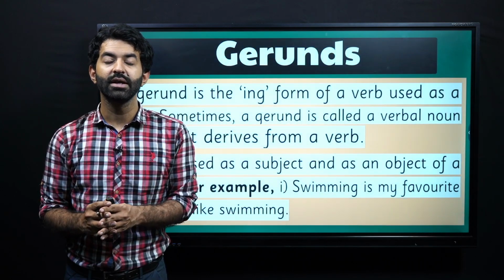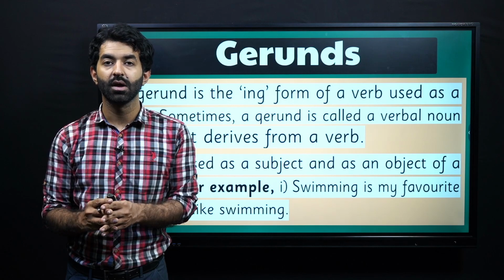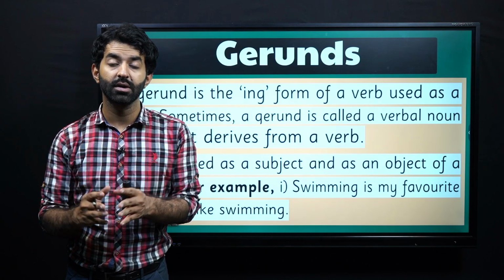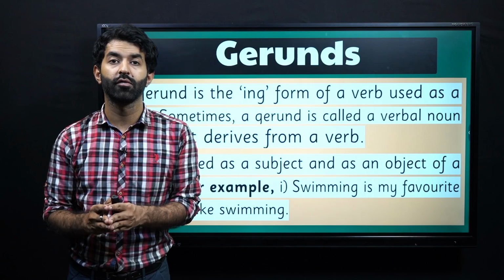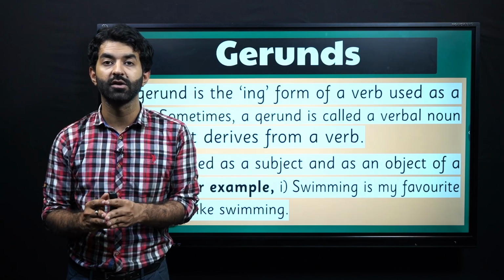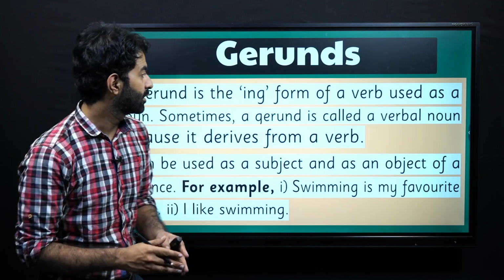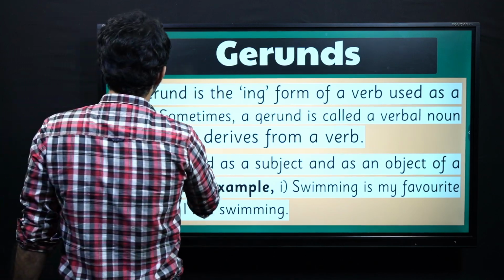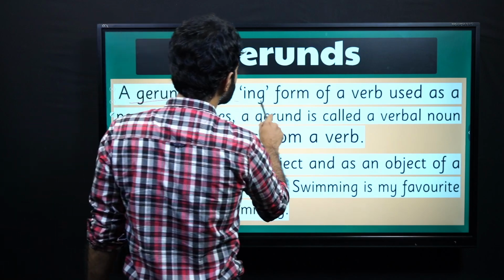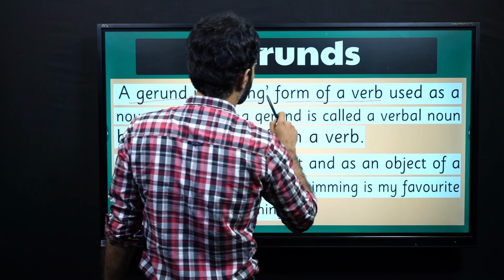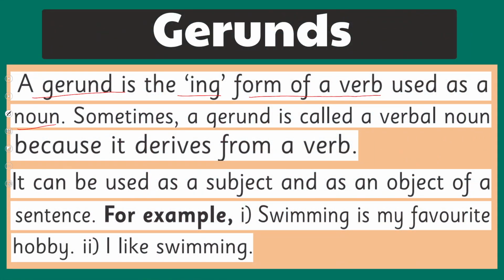Alright students, let's understand what gerunds are, and they are very important. It's a very important concept of English grammar that you need to understand. So pay attention and let's get started. Students, a gerund is the ing form of a verb used as a noun.